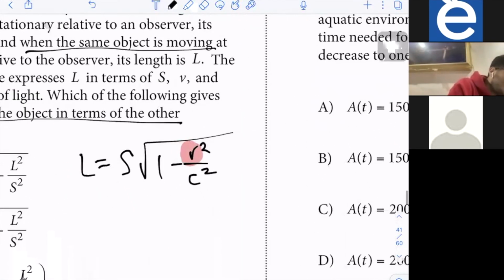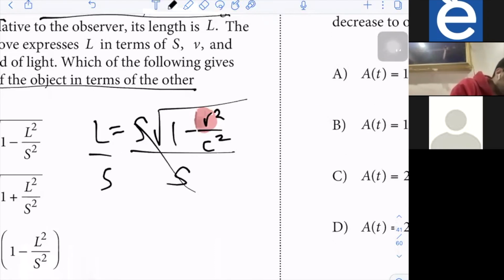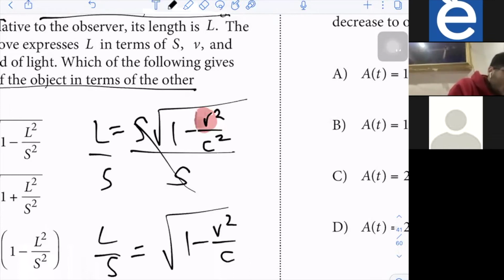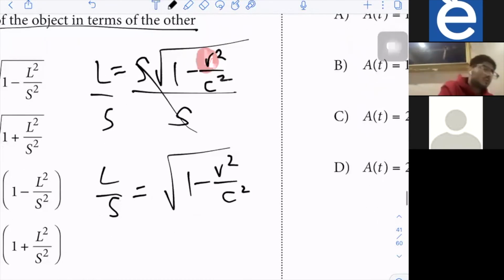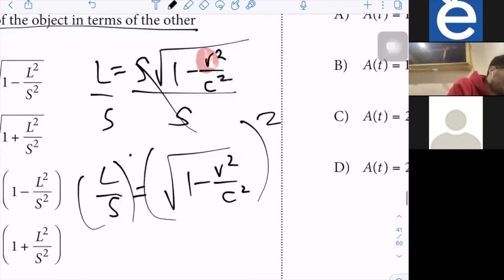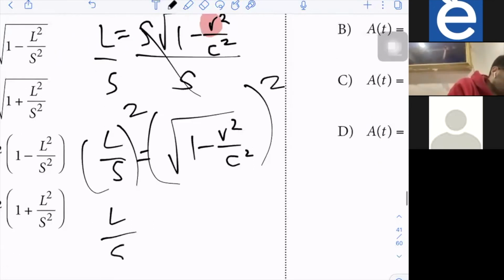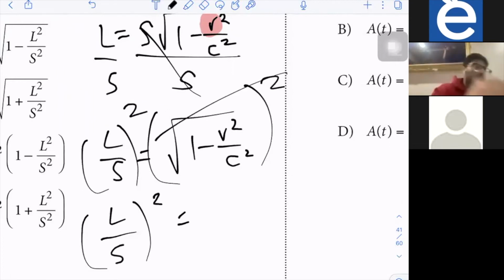So the first thing I would do is divide both sides by s to get rid of the s. On the right-hand side, we get L over s is equal to the radical of 1 minus v squared over c squared. And then I would just square both sides, because whatever you do on one side, you have to do on the other side. So you get (L over s) squared, and when you square something, you get rid of the radical.